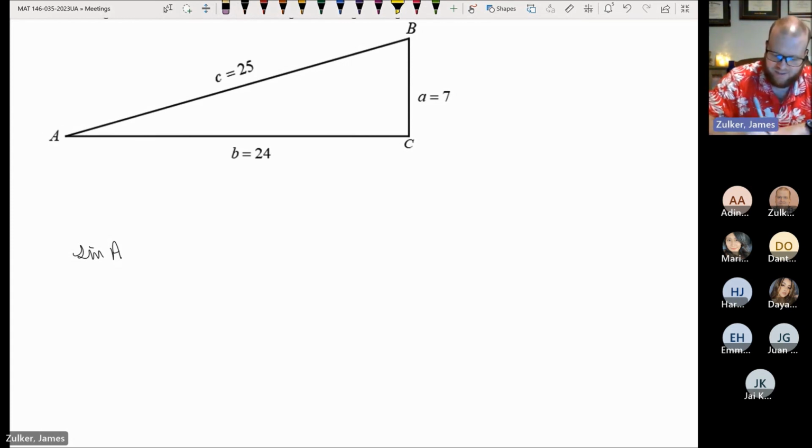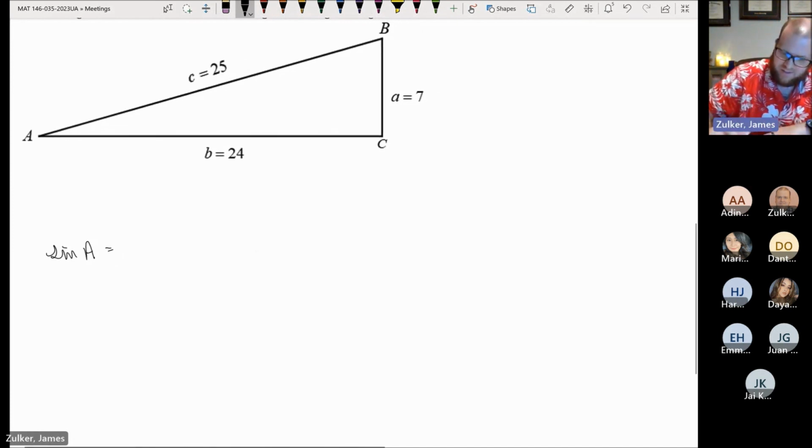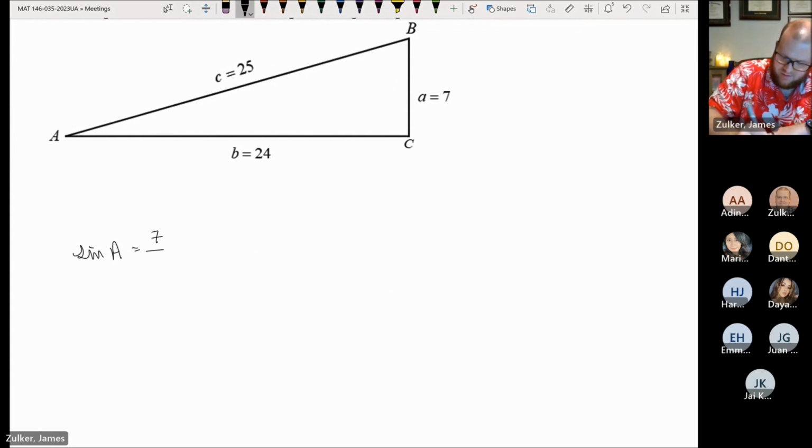So sine of A, opposite over hypotenuse. Cosine, adjacent over hypotenuse.